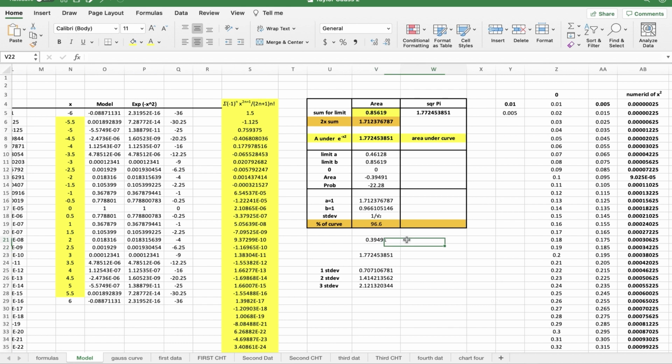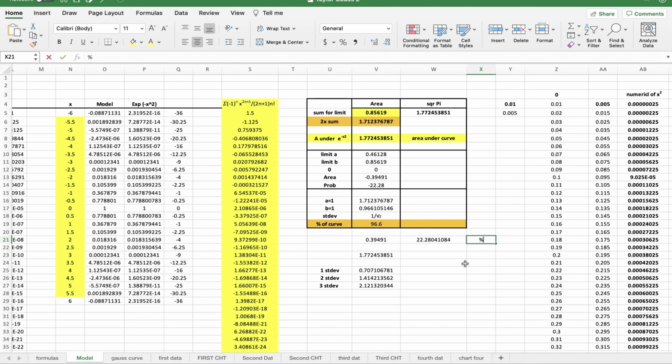And then when you divide that by the entire area, you get the probability. So we have this divided by 1.77, which is the square root of pi, and multiplied by 100, and we end up with a probability of 22%.